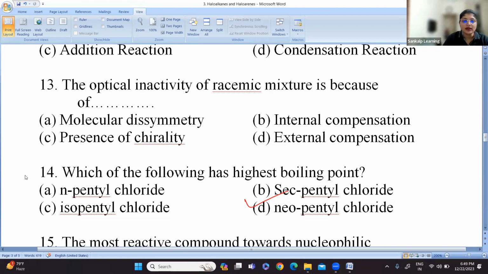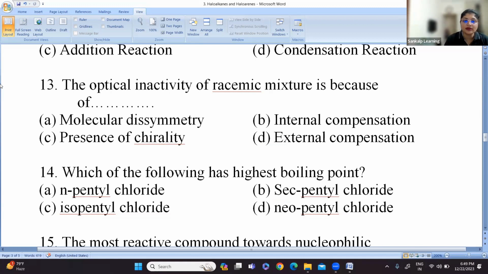Which of the following has the highest boiling point? A, N-pentyl chloride, B, secondary pentyl chloride, C, isopentyl chloride, and D, neopentyl chloride. Yes.